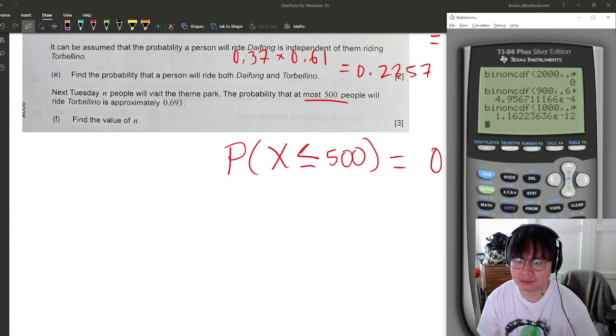Let's try 1,000. Even more unlikely. That means it's getting smaller, I need it to get bigger. I don't know, is there a better way to do this? Let's do 600 people.